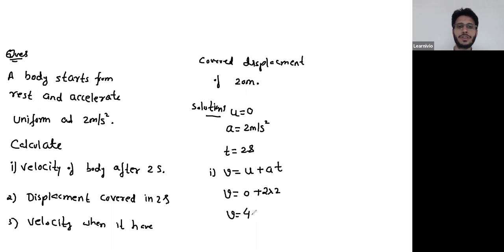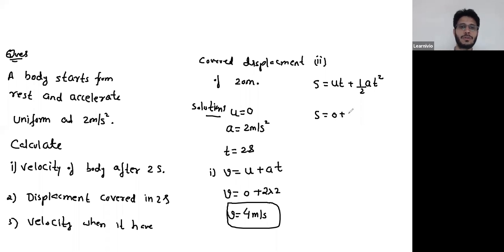So your velocity is 4 meter per second. Then equation number 2, displacement covered in 2 seconds. It's ut plus half at square. It's 0 plus half into acceleration, which is 2, into 2 square. So it gets cancelled out, and the answer of the second part is 4.